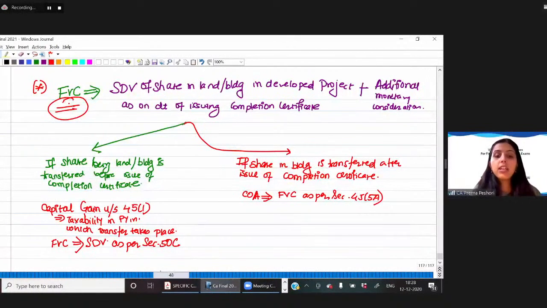And on the cash component, on this additional monetary consideration, the TDS will apply under section 194IC. The builder will have to deduct the TDS under section 194IC. Clear? Any doubts you have? Did you understand this concept well?